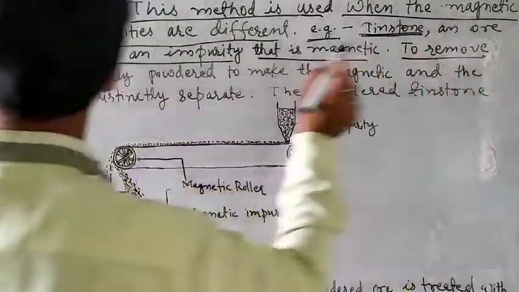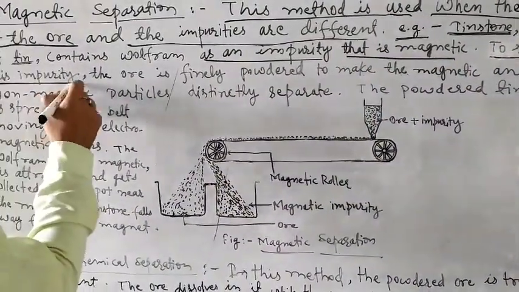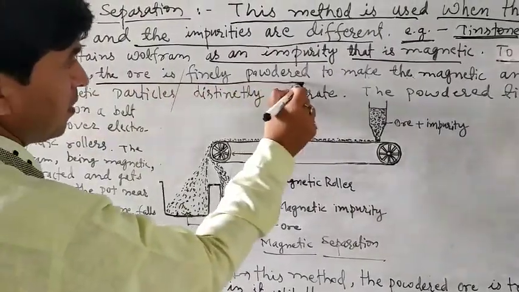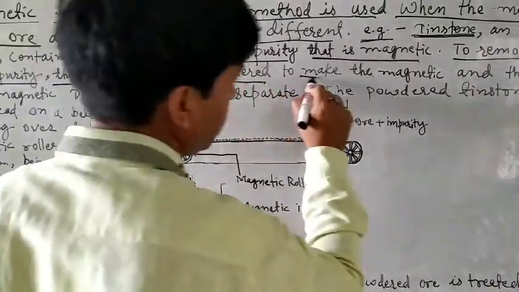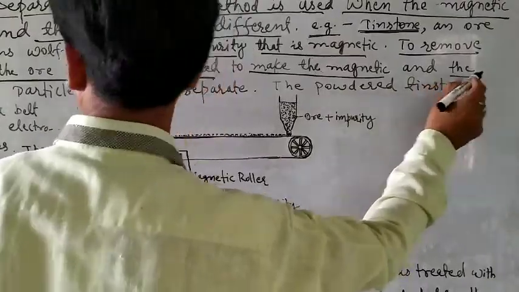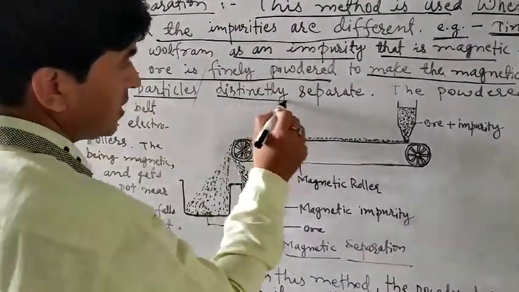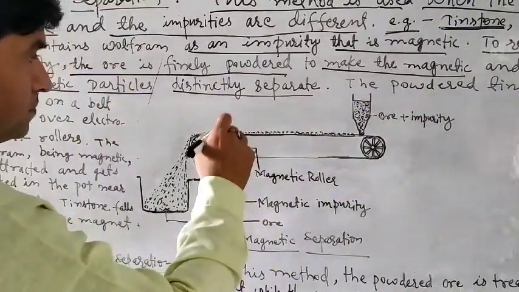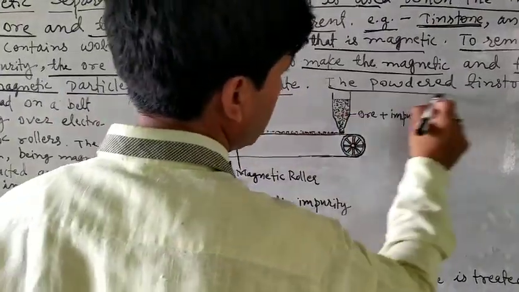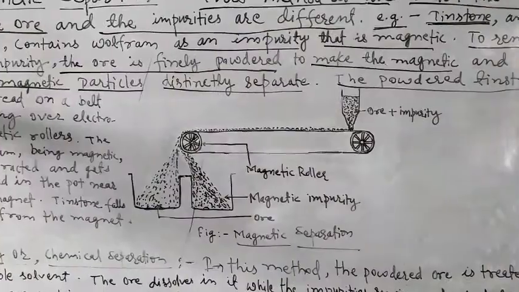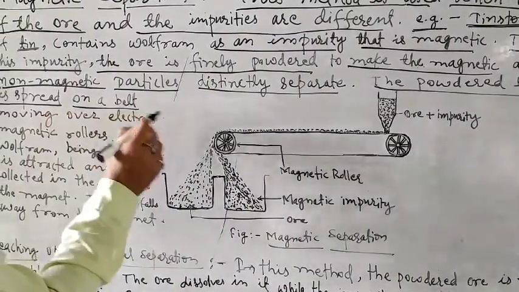To remove this impurity, the ore is finely powdered, and the magnetic and non-magnetic particles are separated.